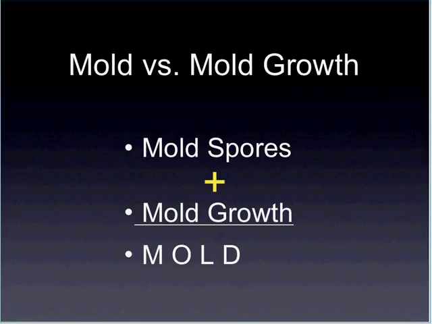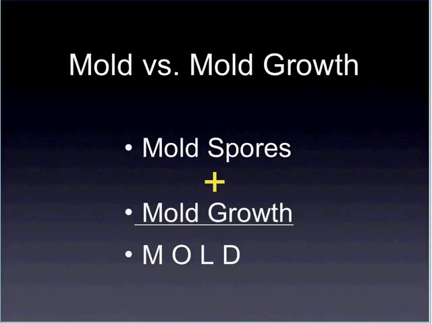Now, here's where an important distinction comes into play, and that is we see in a lot of documents people using the word mold to describe a condition in a building. And I have found that it's extremely important to differentiate between mold spores and mold growth.